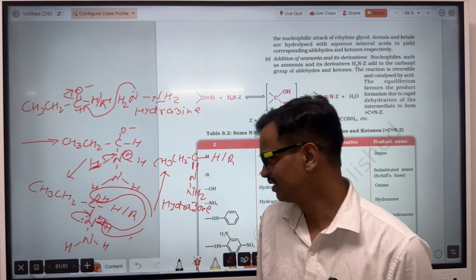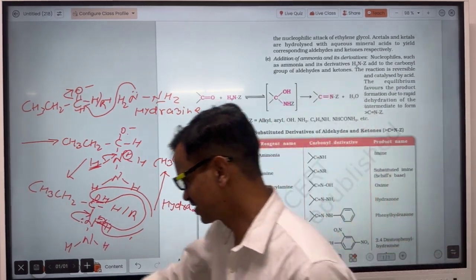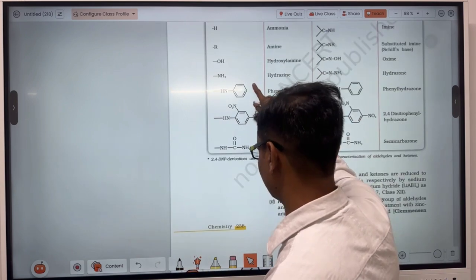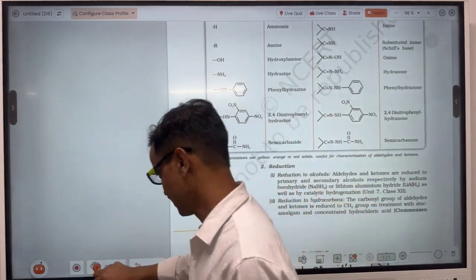Okay guys, very simple. Now we have done a number of reactions. The others are the reactions with aldehyde and with ketone, which you can do for the remaining reagents.